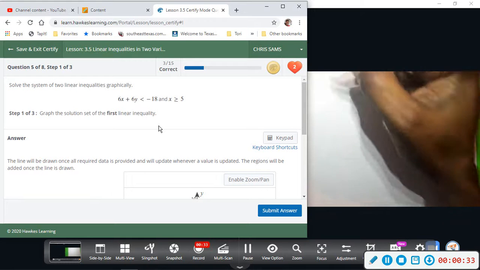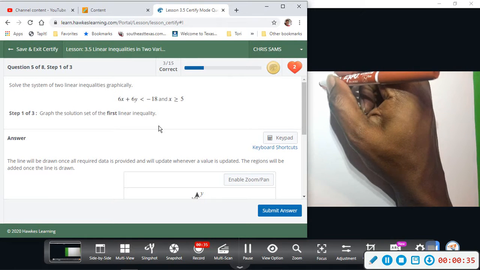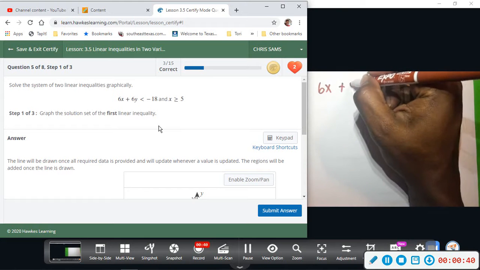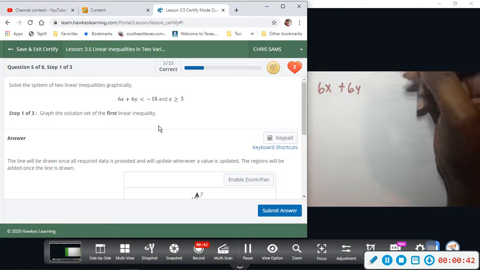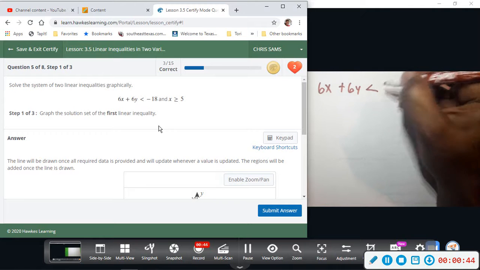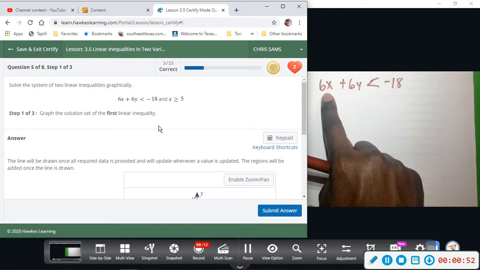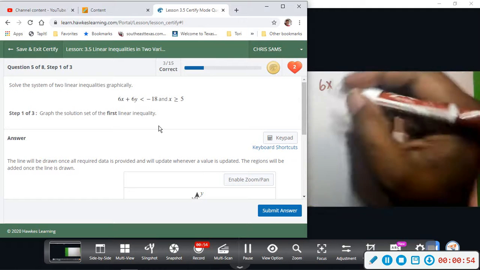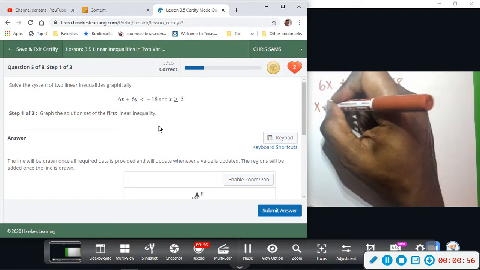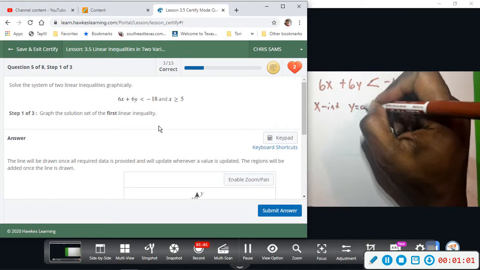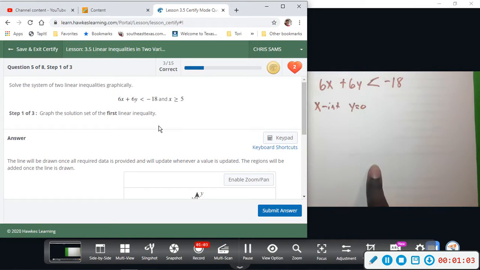So we're going to do 6x plus 6y is less than negative 18. We're going to find the x-intercept by plugging in a 0 for y. That means y equals 0. So basically what I do is I just cover up the y.